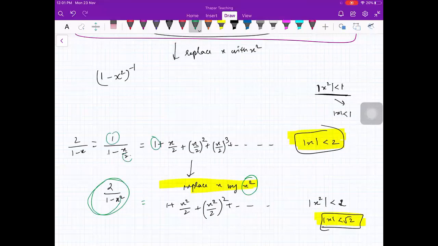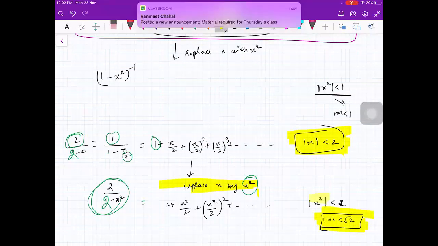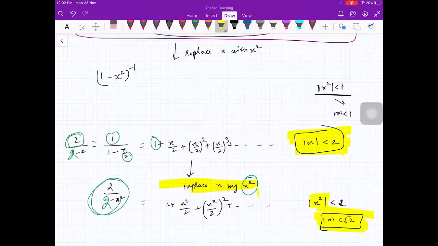I have taken the 2 here. Okay, 2. Yes, beta. So whenever you are doing substitution, your condition will be on the new variable. For example, if you have substituted x square in place of x, your condition will be on x square. That is the thing you have to take care of. Anything else? Any other doubt, beta?